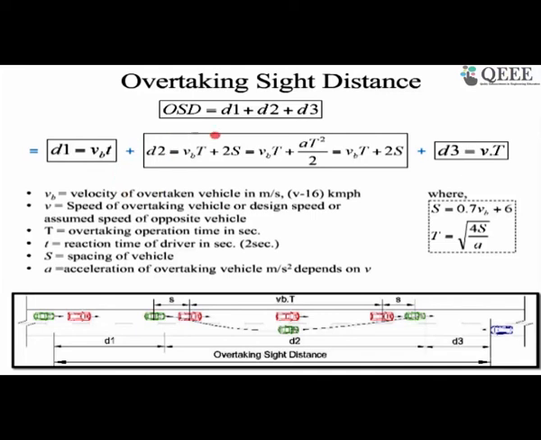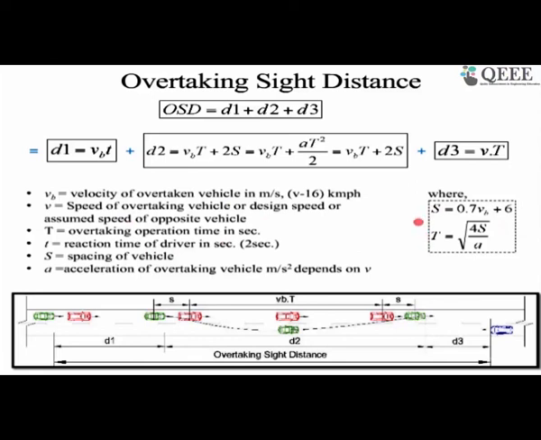The D2 part is the overall overtaking process. Before overtaking, it was maintaining a certain safe distance, spacing between the vehicles, and after the overtaking process is complete, again it is going to maintain that space. So it is 2 times S. This is coming from that space. And then it also needs to accelerate and come back. So this distance is calculated.